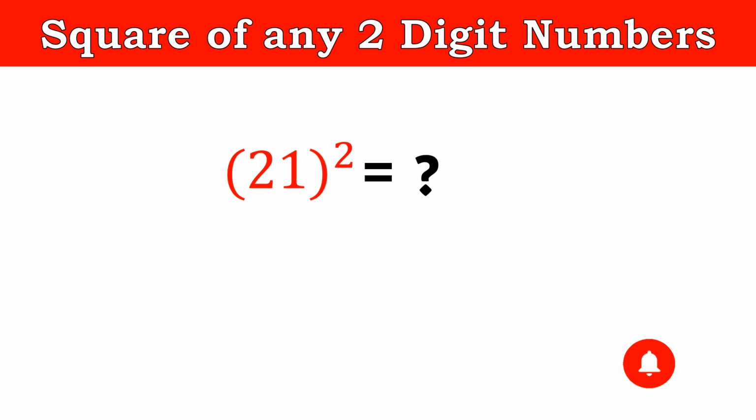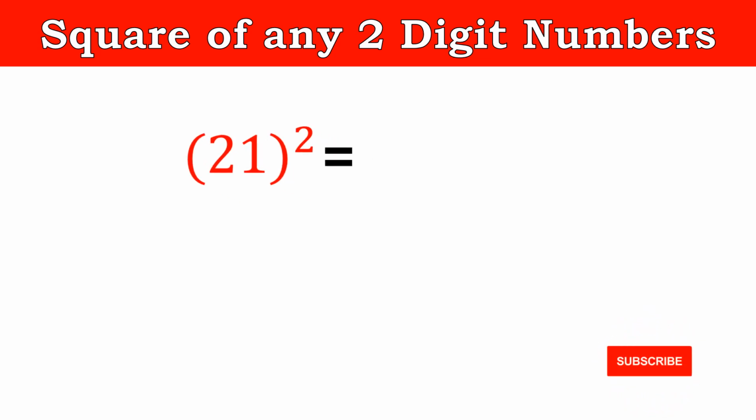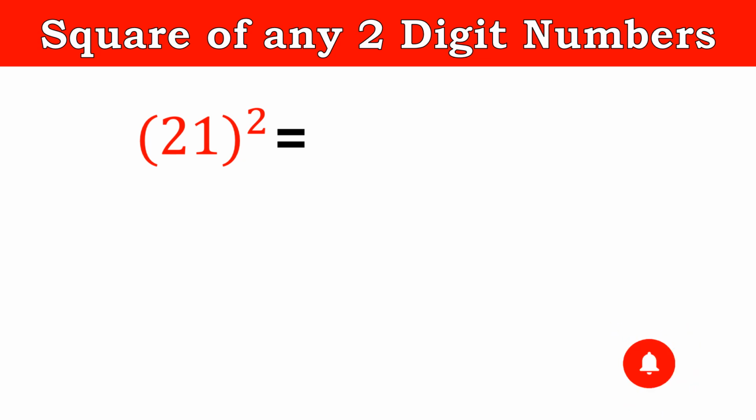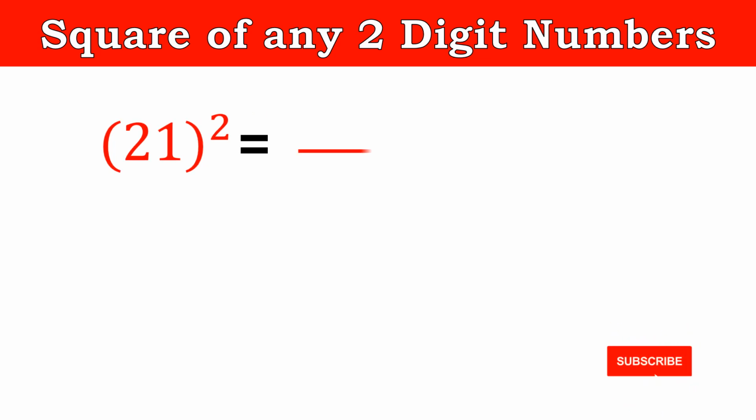We'll take an example like 21 squared. Now, 21 squared, you can divide the solution to this into three separate parts. The first part, middle part, and last part. Now, the first part is actually just the square of the first digit.